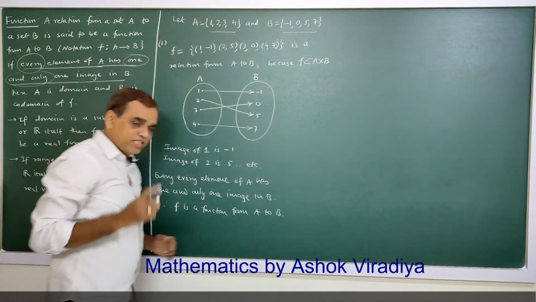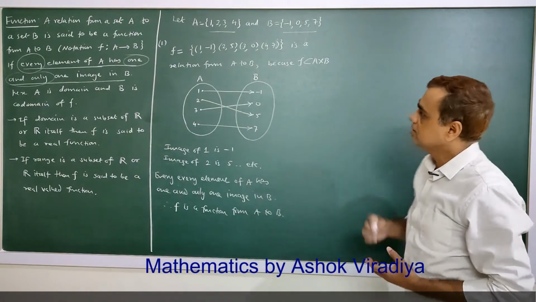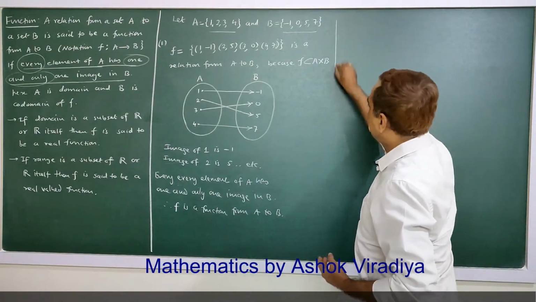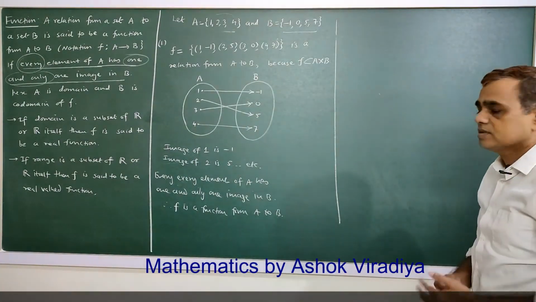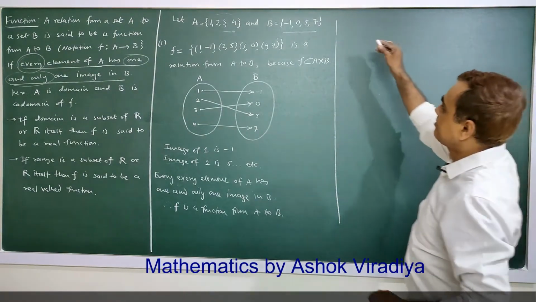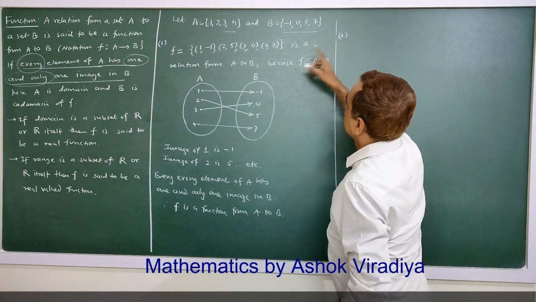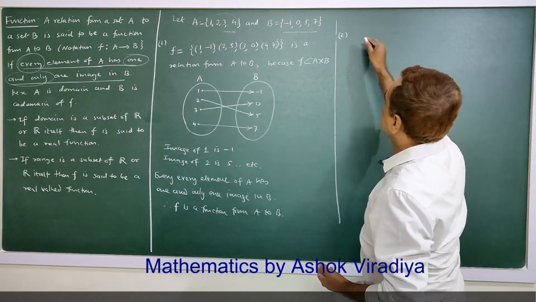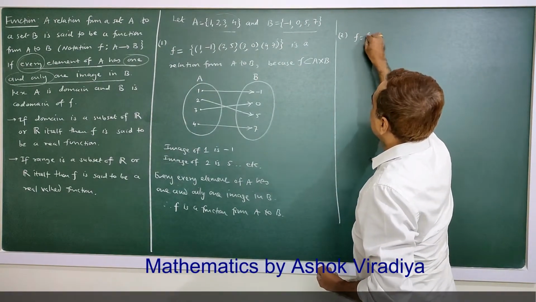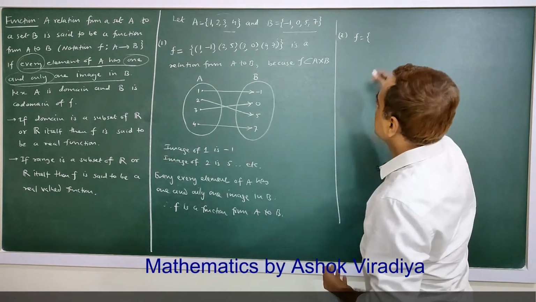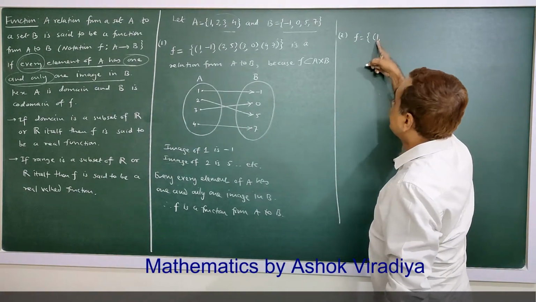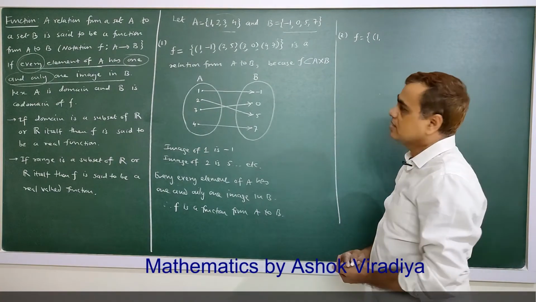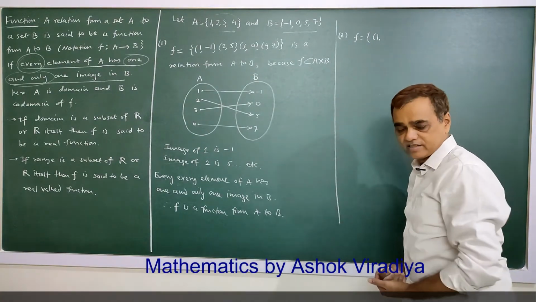Let us take a second example of a relation from the same set A to B. Suppose I take F equal to: the first element I am taking from the first set, the second element from the second set.